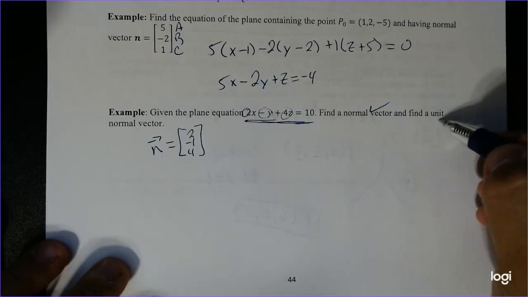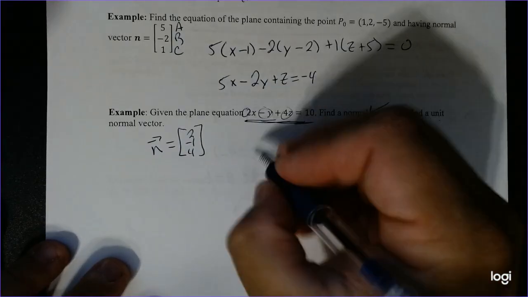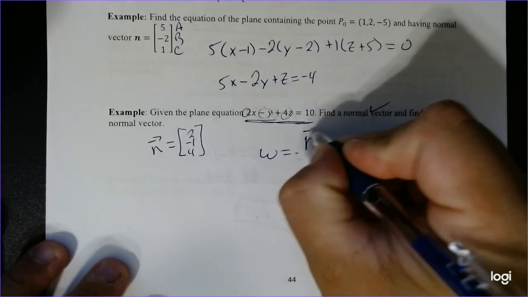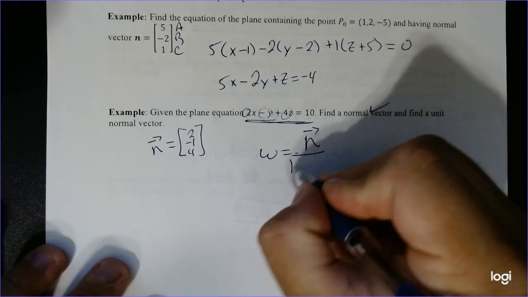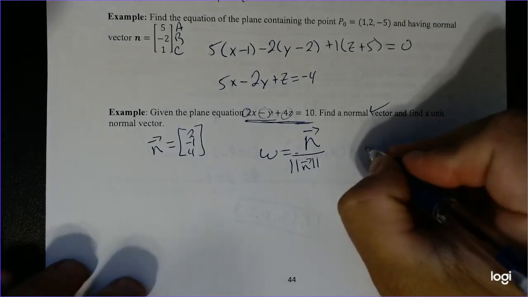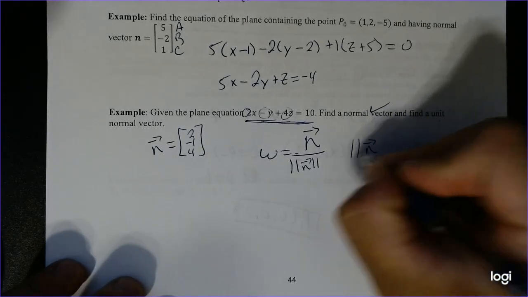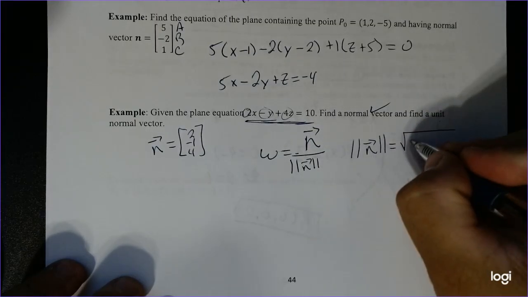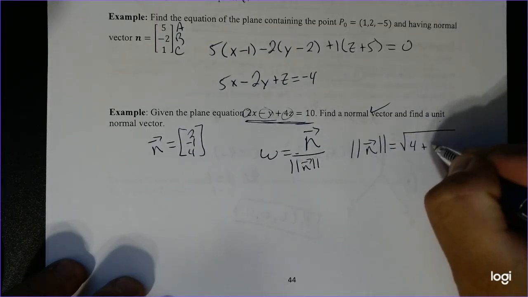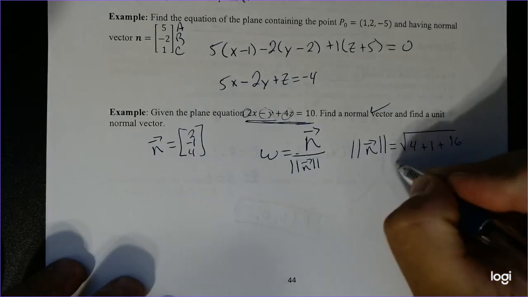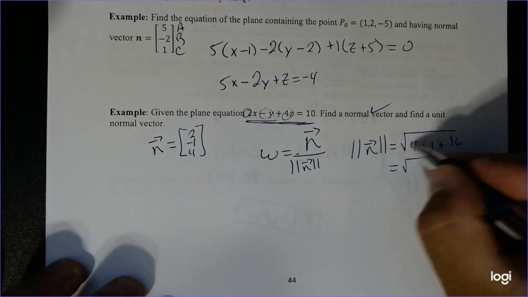And now we want to find the unit normal vector. Remember, to do that we need basically to do this. Well, just put that on top. So we need to find the magnitude of n. So 2 times 2 is 4, -1 squared is 1, 4 squared is 16, so 5, so it's 21.